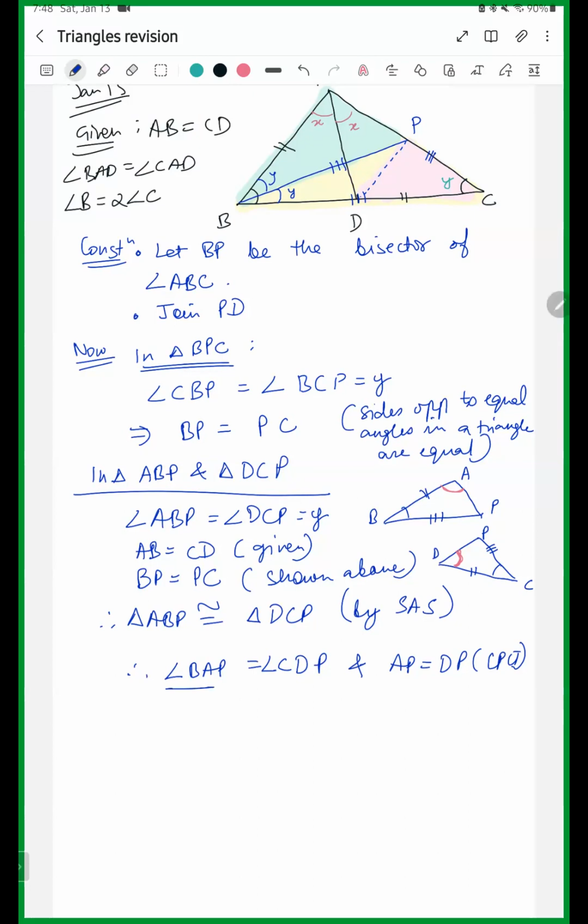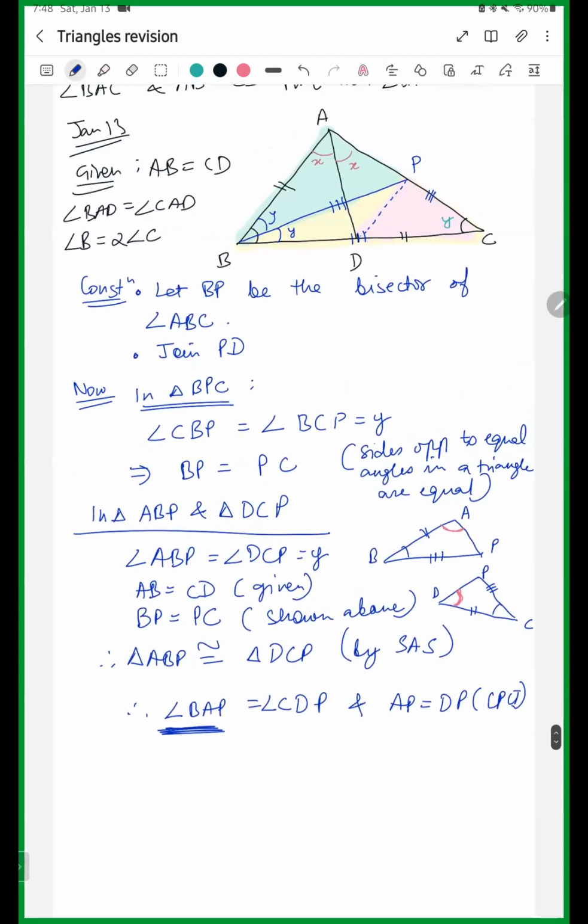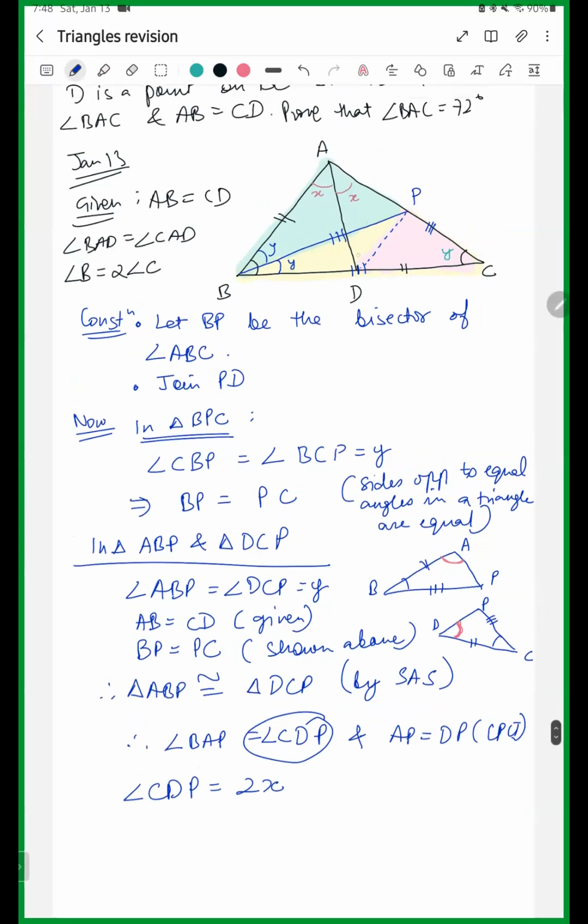So now, how much is BAP? Angle BAP, as we can see, is equal to 2x. So that means angle CDP is equal to 2x. And angle ADP, which is this one, is equal to angle DAP, which is equal to x.